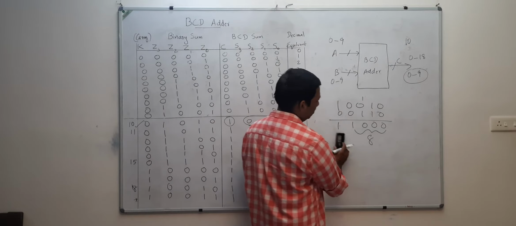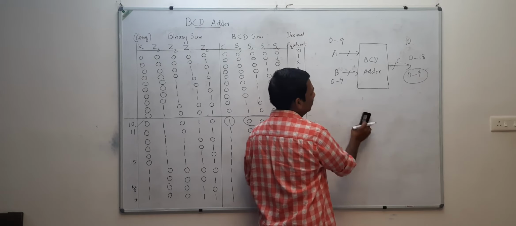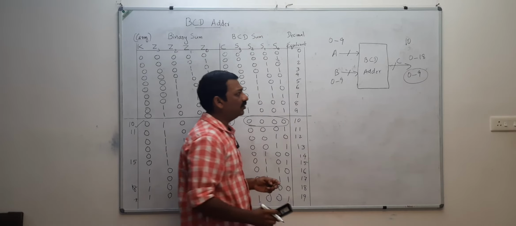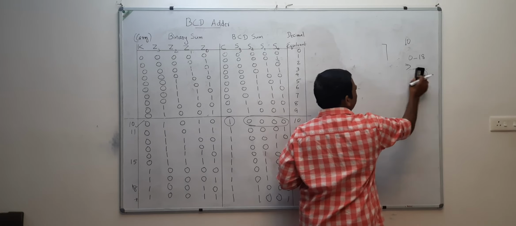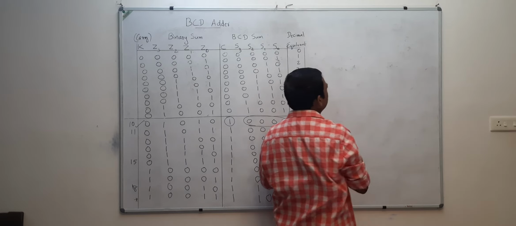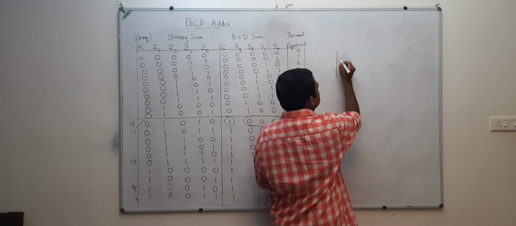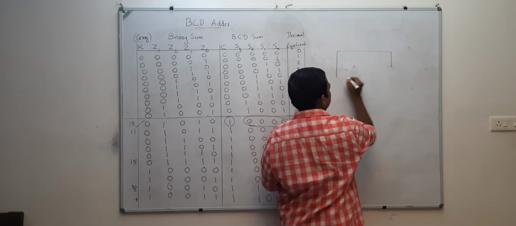Say when you are doing this operation, here simply this is a circuit and here you have two inputs.